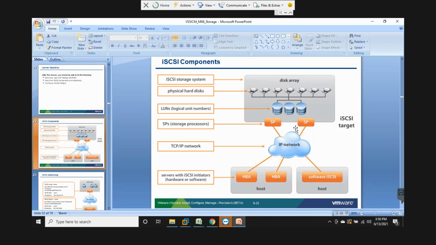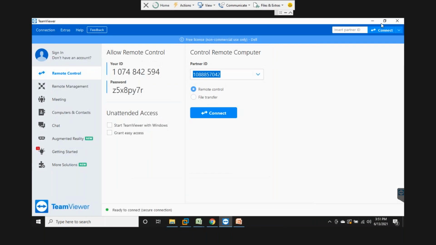This particular storage should be accessible via our HBA, or a storage adapter. Second, you can have a physical HBA as well as a software defined iSCSI adapter. In our lab also we are using the software defined adapter.